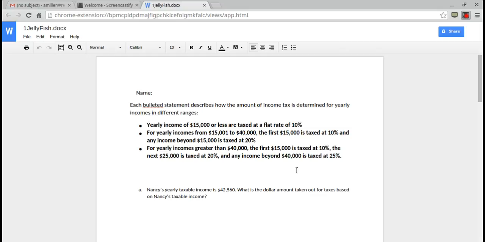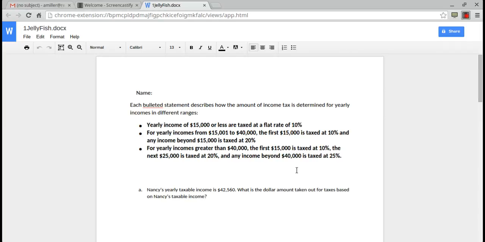So it says, each bulleted statement describes how the amount of income tax is determined for yearly incomes in different ranges. I'm just going to pause right here. Income tax is when people make a certain amount of money and then they are taxed on that money. It's income tax because it's taxed on the amount of money you make at your job, or your income.